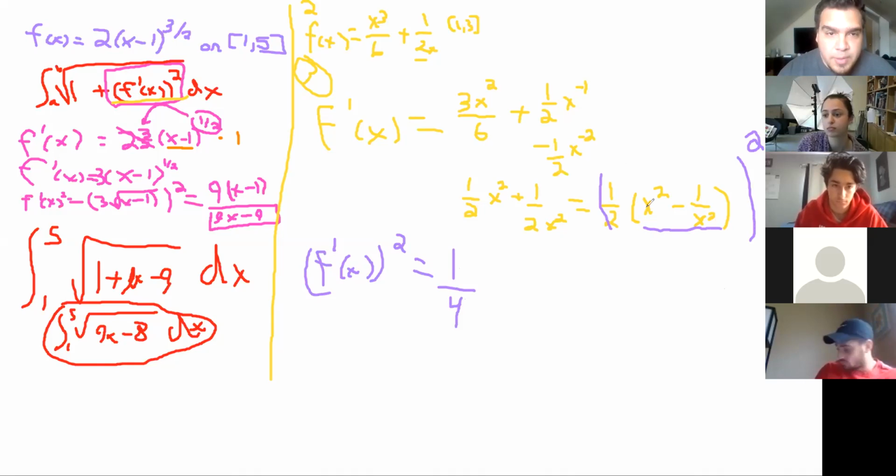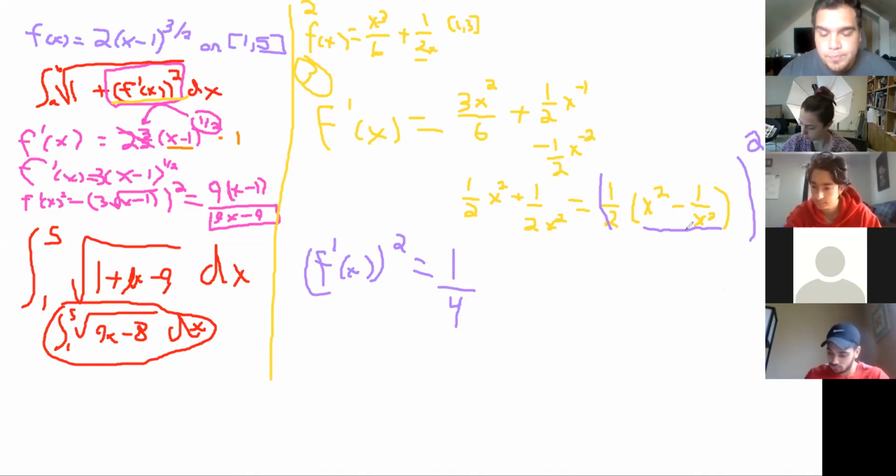So you remember the rule is a squared plus, I guess it's negative, so it's minus 2ab plus b squared. So let's put a parenthesis. A squared, a is the first term, so that's x to the 4th.